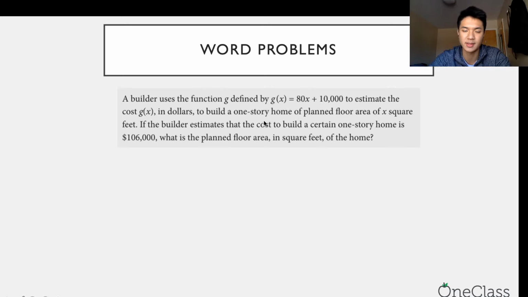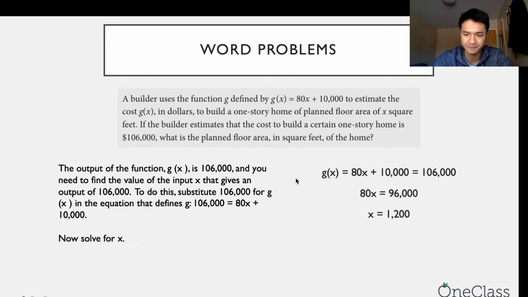So what are we trying to find here? We go back to the question, which says the cost to build a certain one-story home is 106,000, well, that means we can substitute something in, right? g of x is the cost it takes to build a one-story home. So we substitute in 106,000 to this equation, and we get the following.